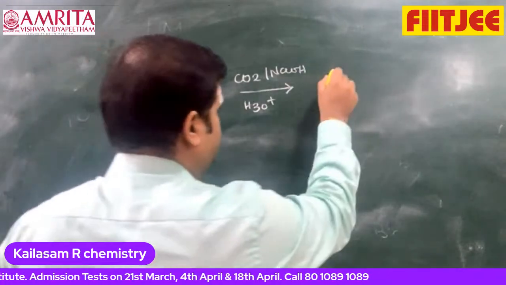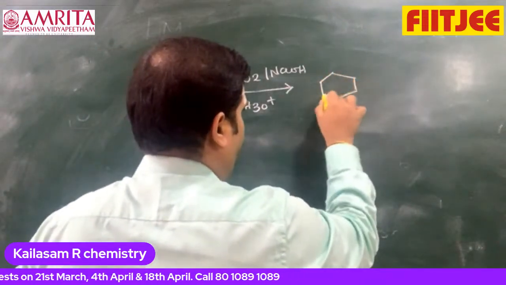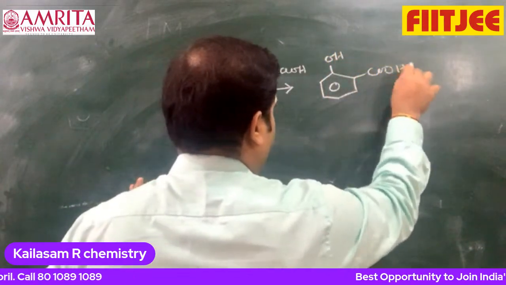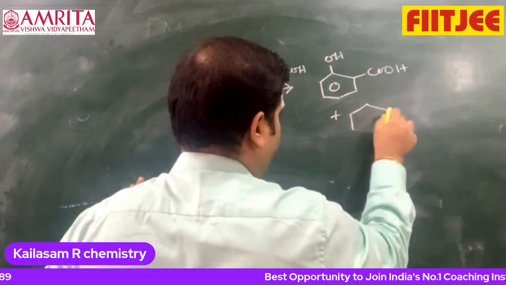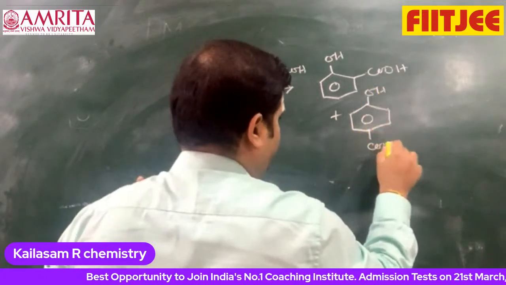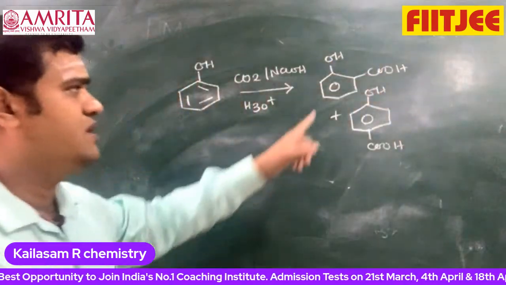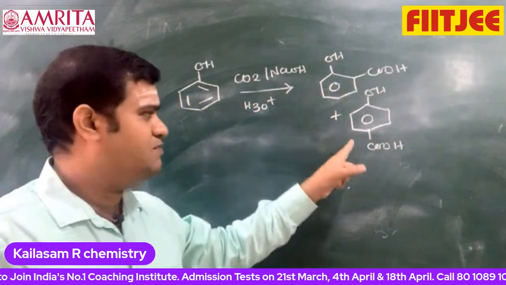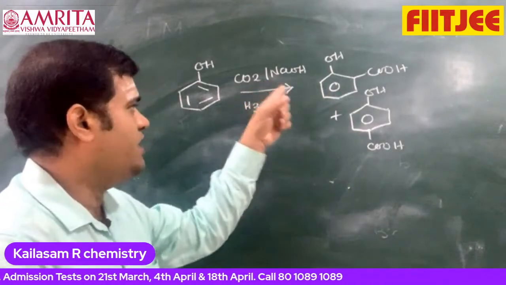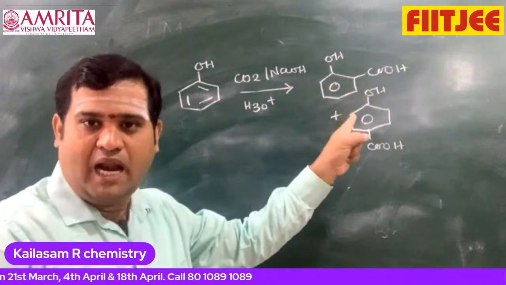You are going to get the compound with OH and COOH, plus OH and COOH. This is called salicylic acid, orthohydroxybenzoic acid, and para-hydroxybenzoic acid. Here, since I'm using sodium hydroxide, ortho is major, para is minor.